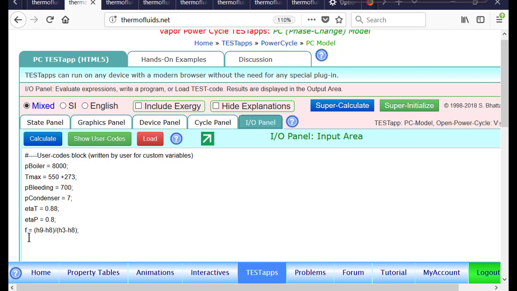And this is F, the fraction of steam that must be bled. The equation that I just presented in the PowerPoint, I simplified, and this is the equation that obeys the energy balance and produces the fraction of steam that must be bled from the turbine.